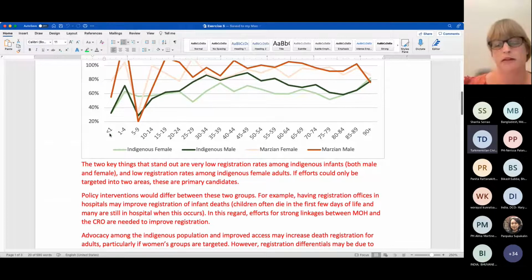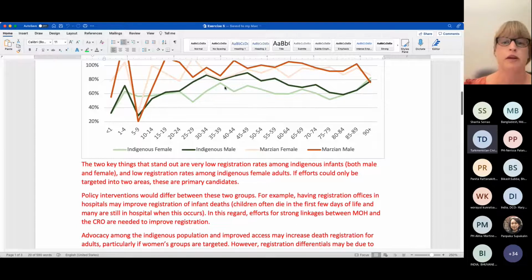So some of them might still be in the hospital at death, and capturing those would be less complicated than some of those that died later at home. Having some way to link those deaths to the civil registry system might be one easy, quote unquote, intervention to make sure that we capture those deaths.